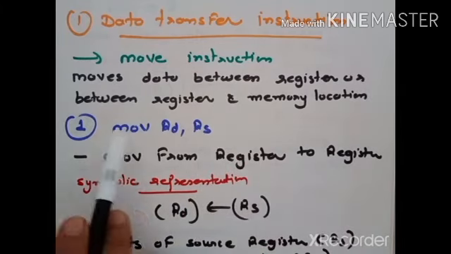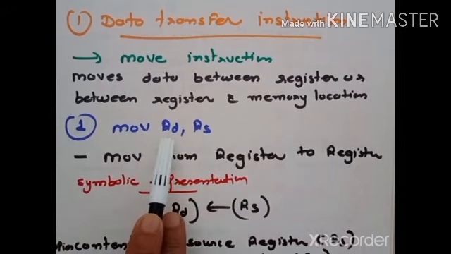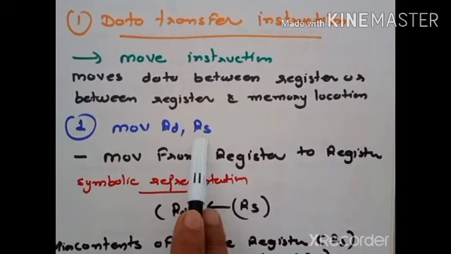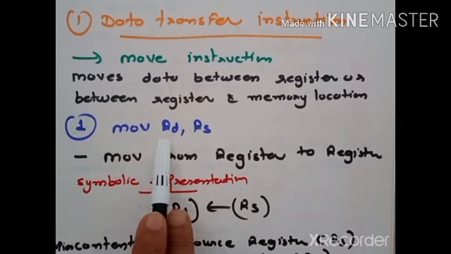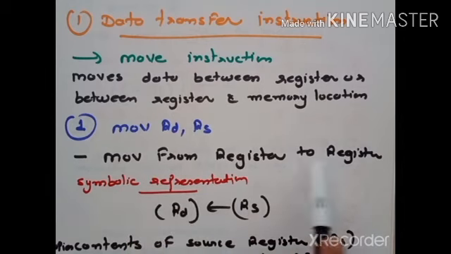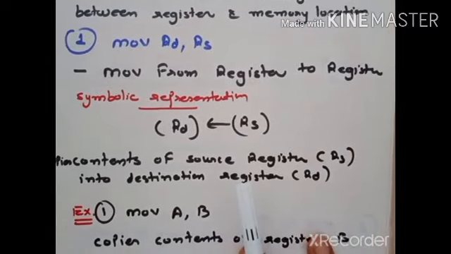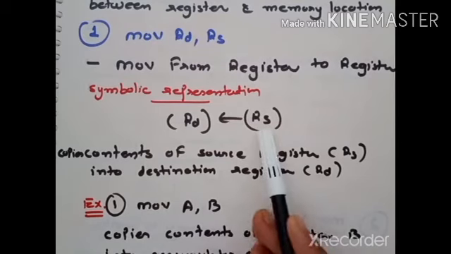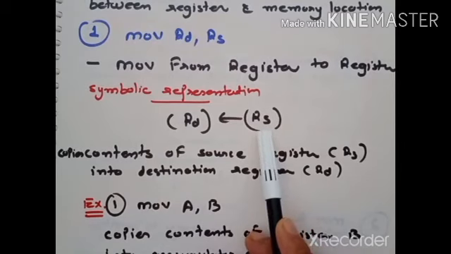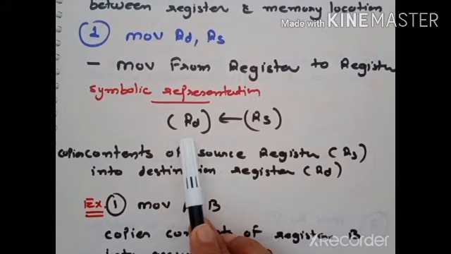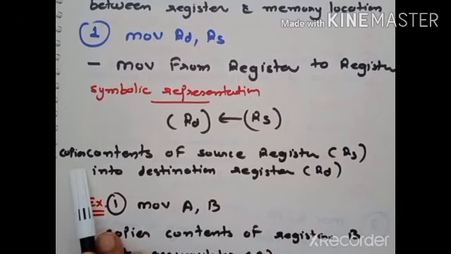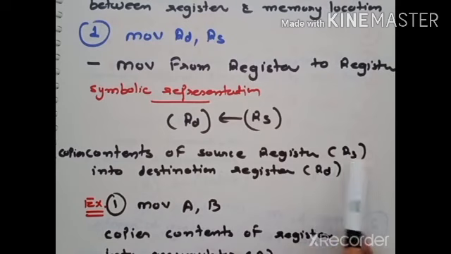So the first instruction is MOV RS, RD, where RS means source register and RD means destination register. So move from register to register, that means move from source register to destination register, and this is a symbolic representation of this instruction. Symbolic representation: content of RS, the source register, is transferred to RD, the destination register. It copies the content of source register RS into destination register RD.